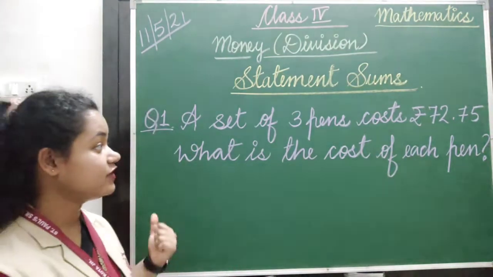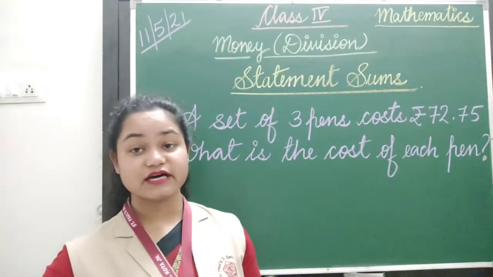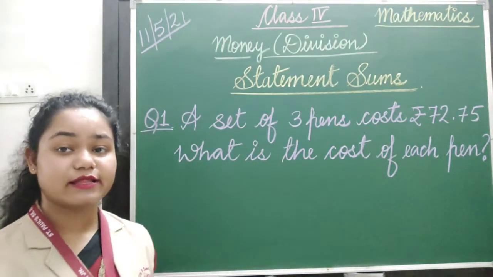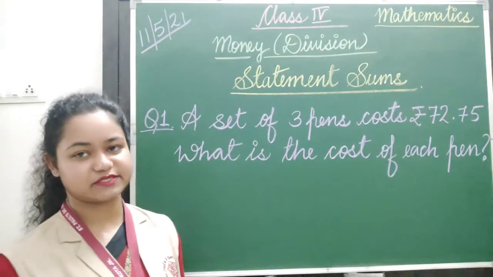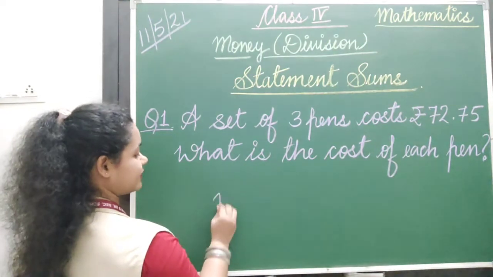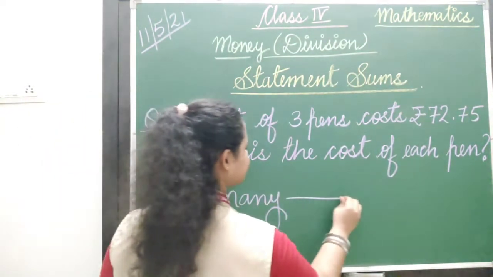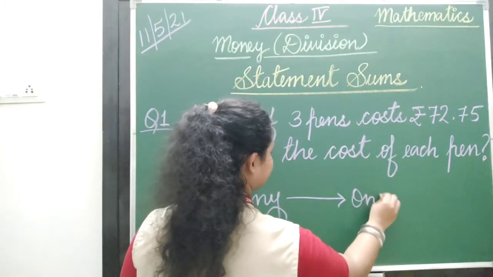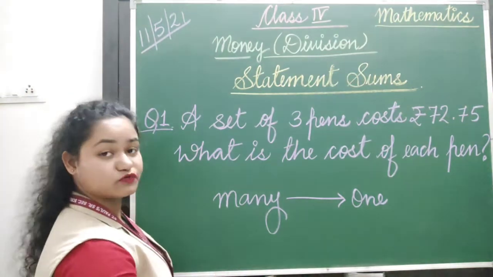Now, when we are given a larger quantity and we are asked to take out the cost of one material, whatever it is given, we are given the information of many and we are asked only about one quantity. Then in this case, what we do?